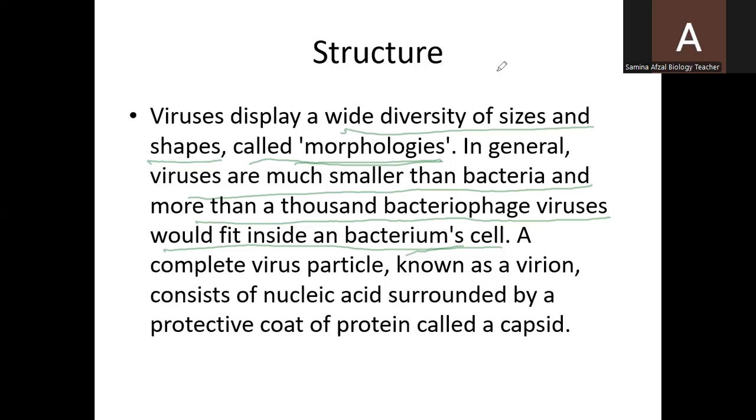A complete virus particle, known as a virion, consists of nucleic acid surrounded by a protective coat of protein called a capsid. So it consists of mostly only two parts, that is nucleic acid and protein coat. Now I would like to show you its shape and structure in the next slide.